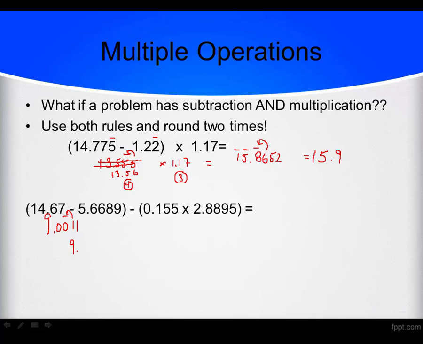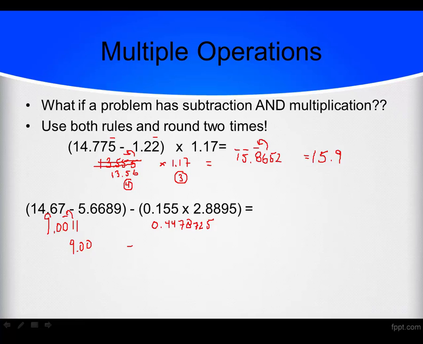So it looks like I'm going to have 9.00 minus, oh, that's a multiplication problem inside that parenthesis, so I have to do that first. 0.155 times 2.8895. That gives me, the calculator spits out 0.4478725. Just a giant number here.